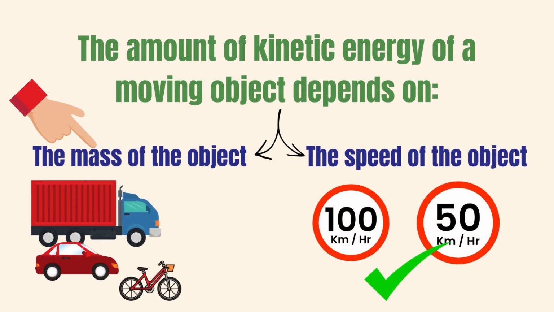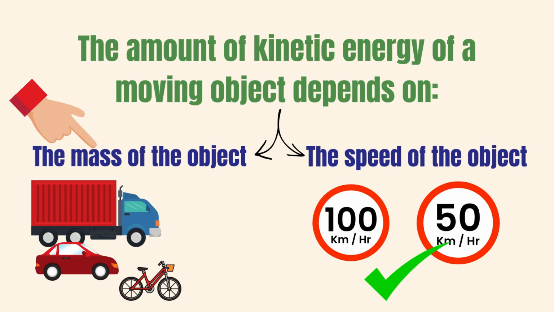About the mass, what do you think? Which one of these vehicles has more kinetic energy, the truck, the car, or the bicycle? Can the bicycle move as fast as the car or the truck? Of course not.